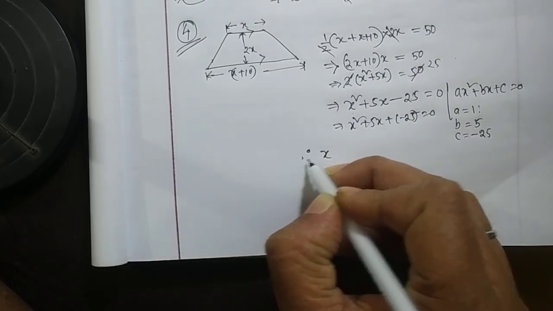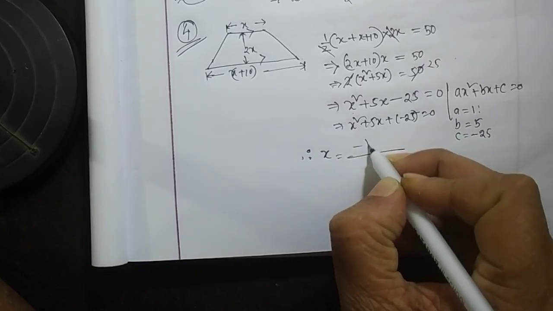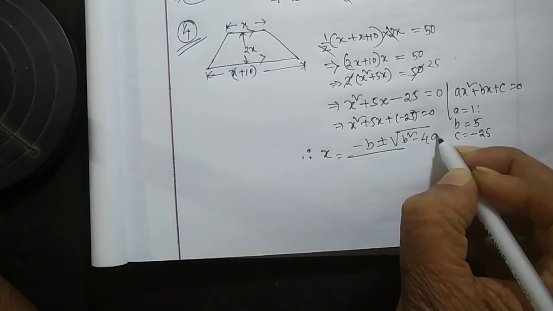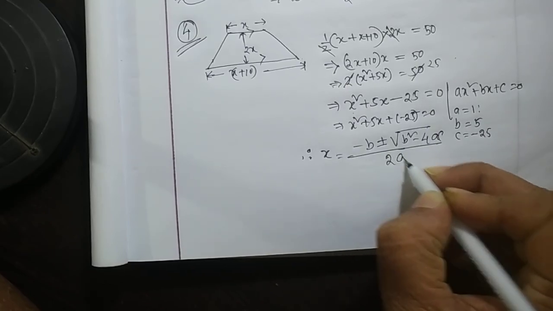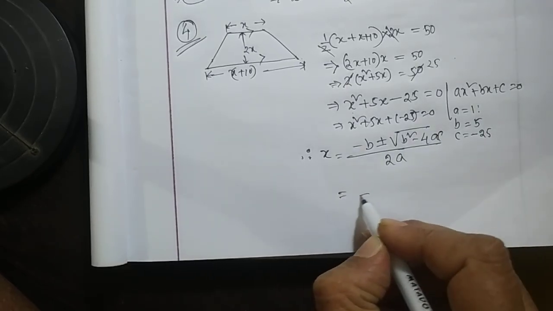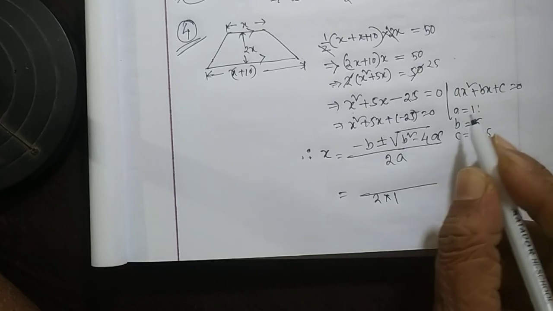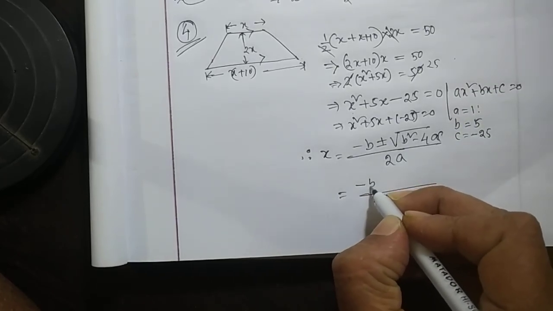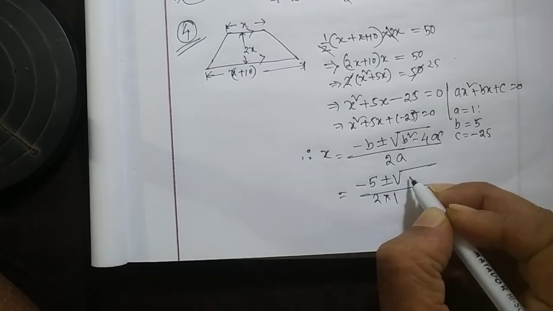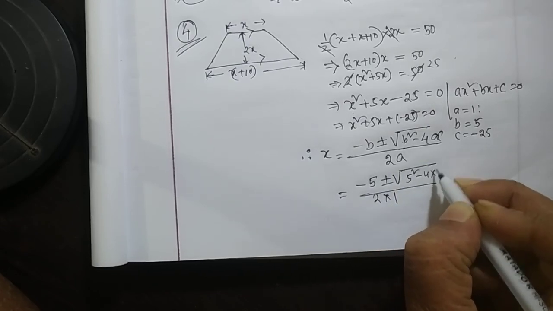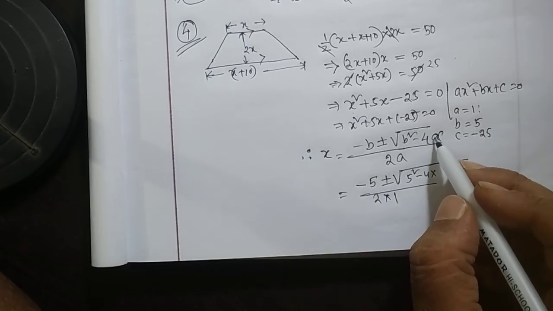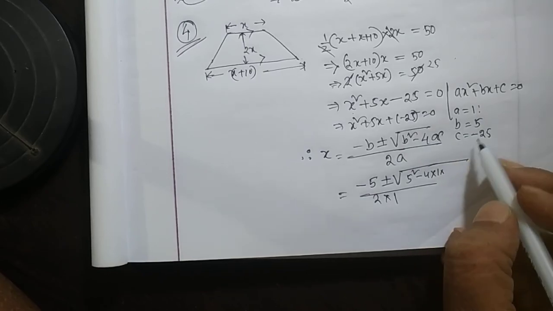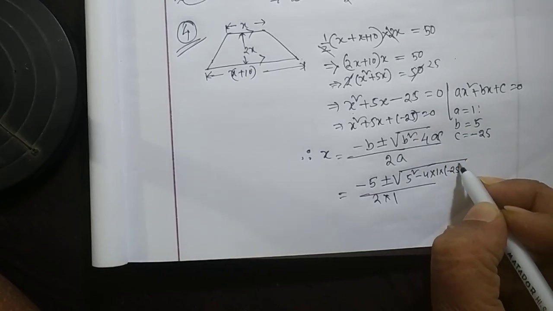So x is equal to minus b plus minus square root of b square minus 4ac, by twice a. So 2 multiplied by 1, as here a is equal to 1, minus b is minus 5, plus minus square root of 5 square minus 4 multiplied by a, 1, multiplied by c, that is minus 25.